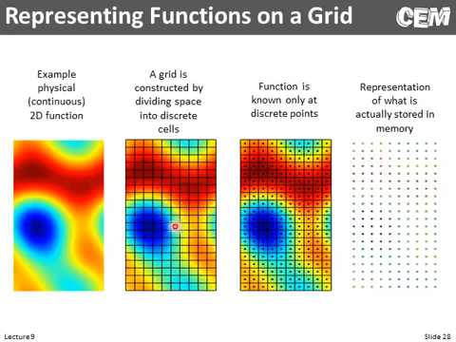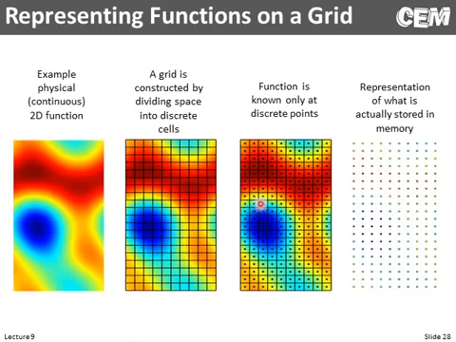So there's a trade-off of how big we make the cells, and we'll learn rules of thumb on how to do that. But the next thing is, within a cell, there's still a continuously varying function. There's still an infinite amount of information even in the cells. So we're going to pick somewhere within that cell a point, and that's where we're going to store the function value. So everywhere else, we no longer know the function value. So now we're missing information.